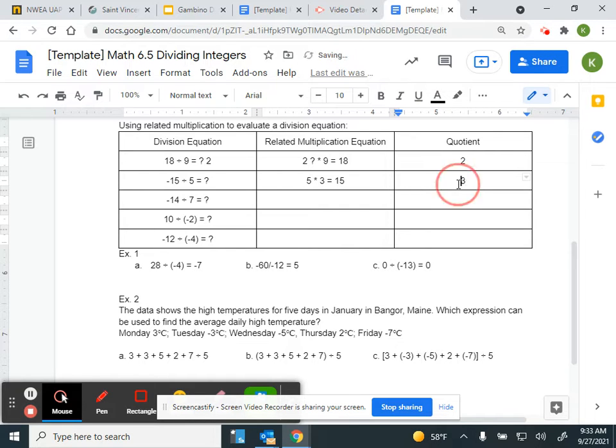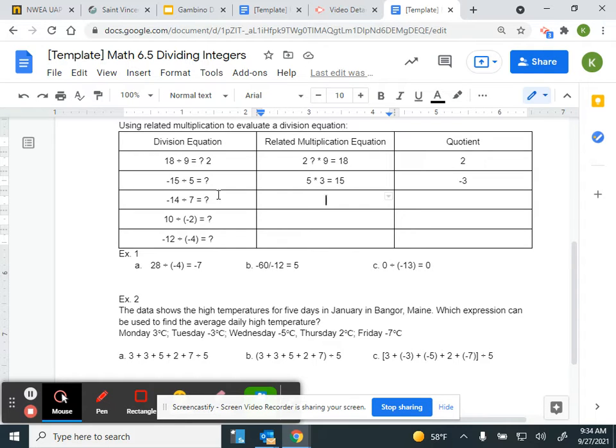Is it going to be a positive or a negative 3? Tristan? Negative. Why would it be negative? Because it has negative 15 divided by 5. Yeah, we have a negative divided by a positive. And when you have different signs, your answer is going to be negative. The problem on top, we had two positives, so our answer was positive.